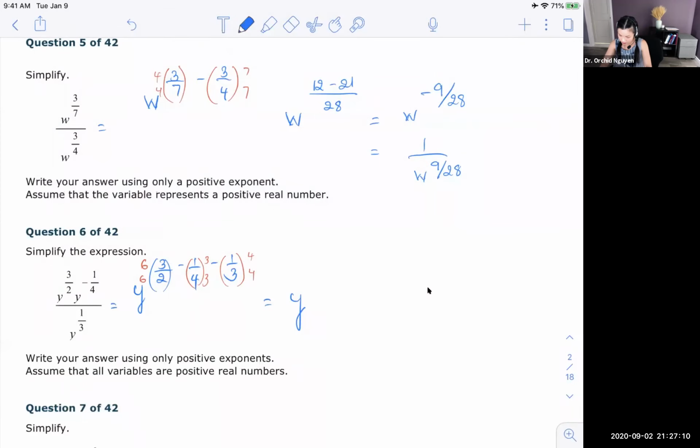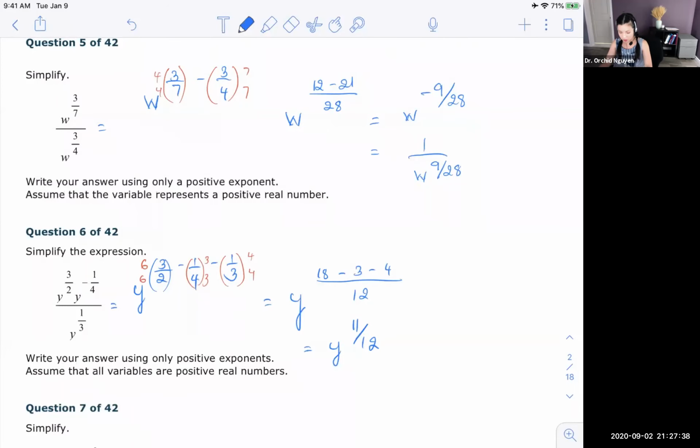So what I have is 18 minus 3 minus 4 over 12, which is 11 over 12.